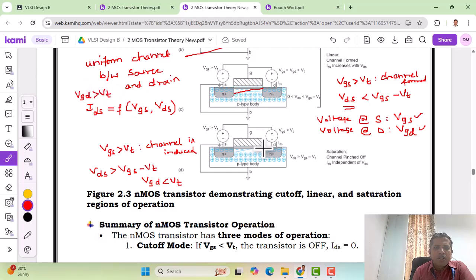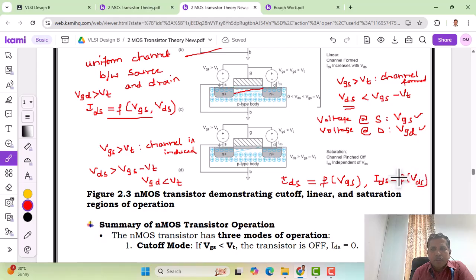The voltage there is greater than VT, not less than VT. So we didn't see any saturation there, and no pinch off exists, because the VDS applied is small. There the current flow is linear because it's a function of both VGS and VDS. Whereas here, the drain to source current in the saturation region is a function of VGS, but IDS is not a function of VDS.